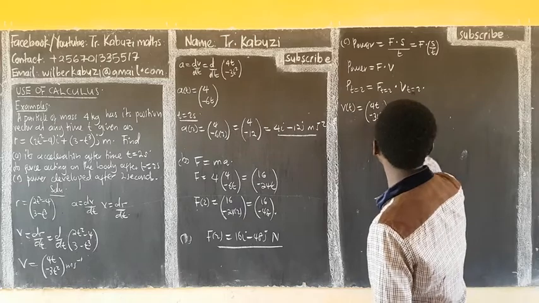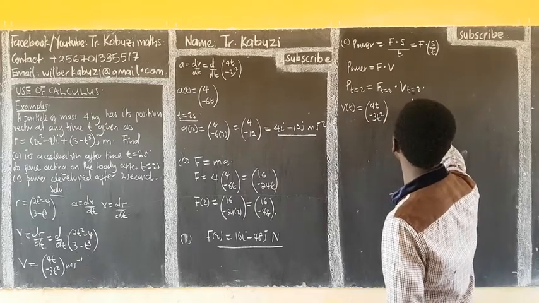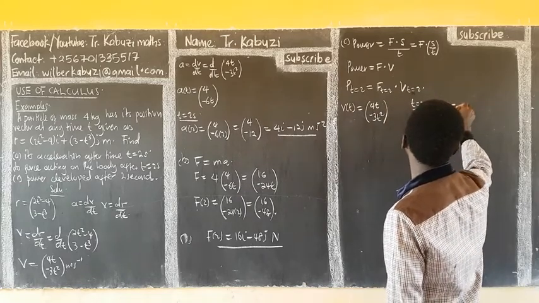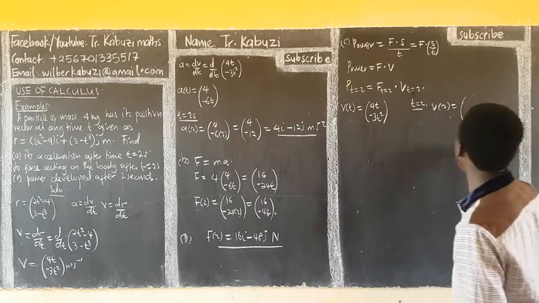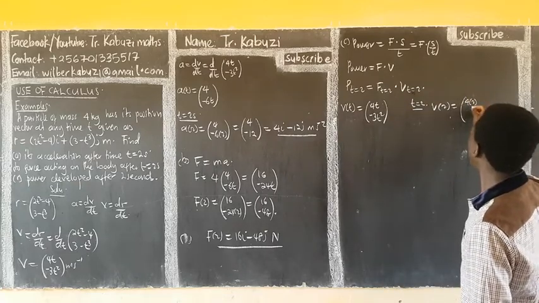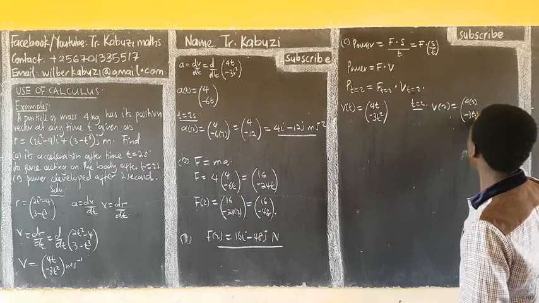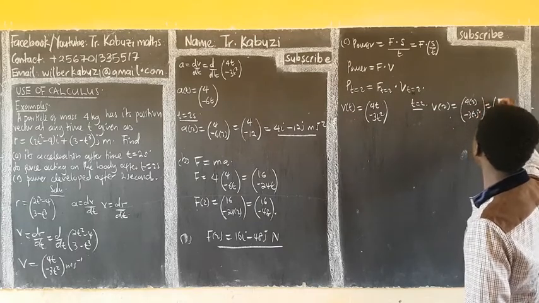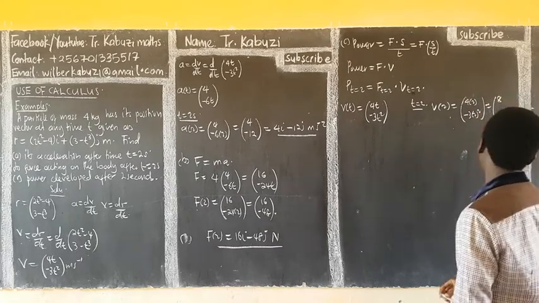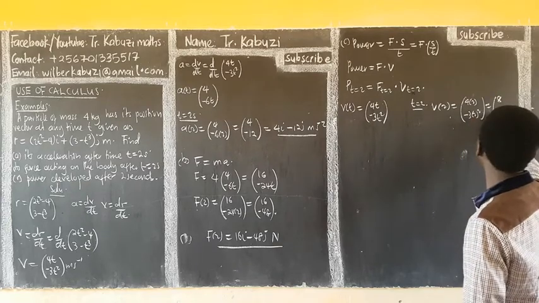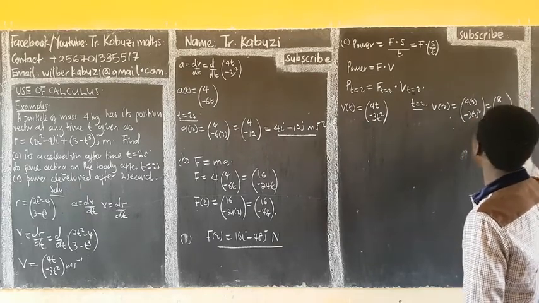So when t is 2, our velocity will be 4 into 2, which is 8, then negative 3 into 2 squared, which is negative 12.